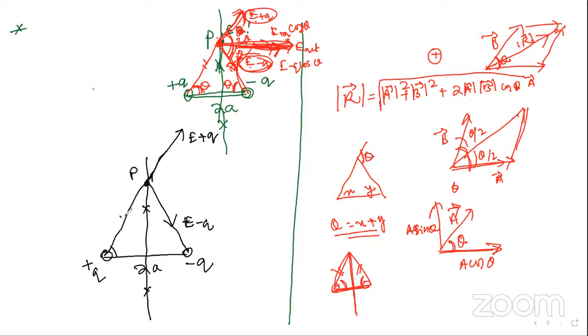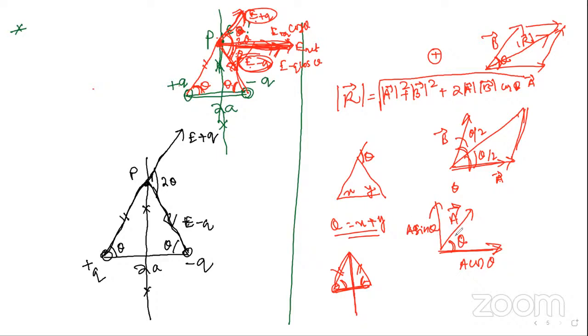Now, both the sides are equal, so if this angle is theta, this angle will also be theta. So this total angle will be 2 theta. Now we can say that E plus Q magnitude and E minus Q magnitude are the same because they are at the same distance. This distance and this distance are the same.